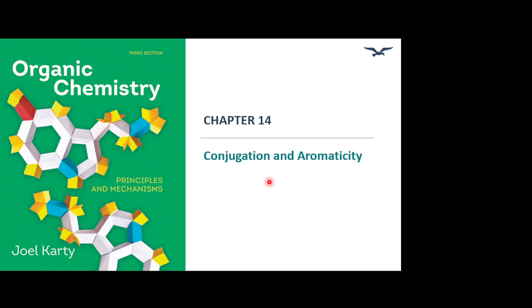Now, this chapter is where we start concentrating on conjugation and aromaticity, and we start adding those factors in. This is kind of interesting because when we have conjugated and aromatic systems, the place that we originally create things like carbocations is not necessarily the only reaction spot, is it?